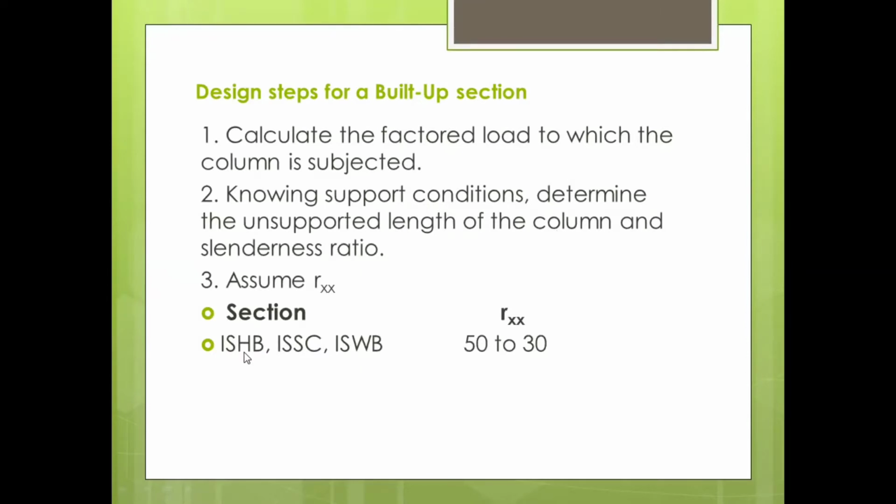ISHB is an I section, ISSC is a channel section, ISWB is a wide I section, having slightly more dimensions than ISHB. Then for such a group of sections, RXX can be assumed between 50 to 30. And for ISMB, medium beam, we can assume it as 40 to 20. Okay, so this is important.